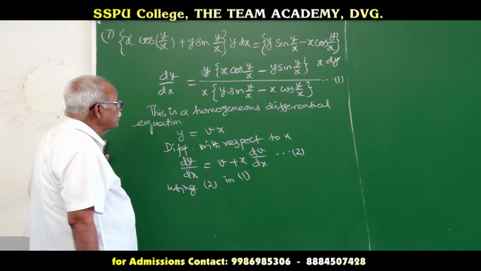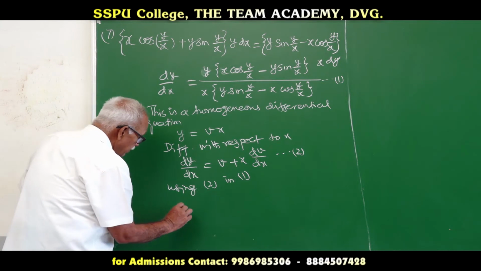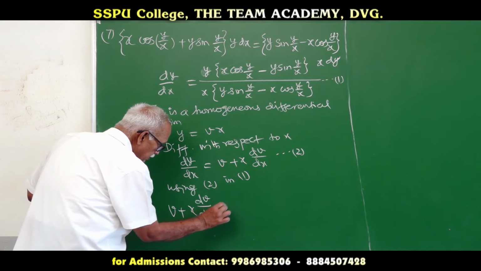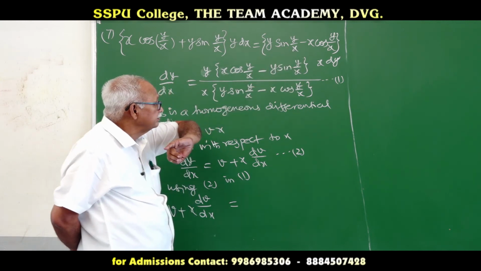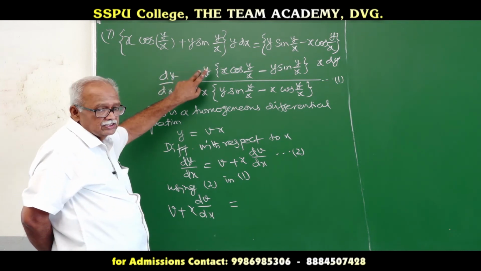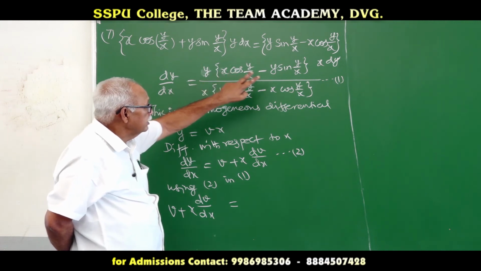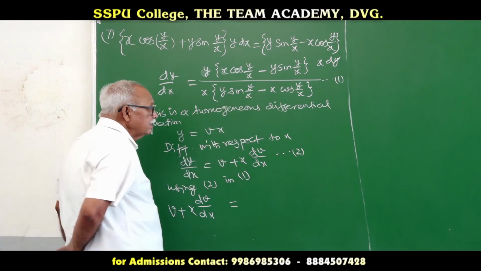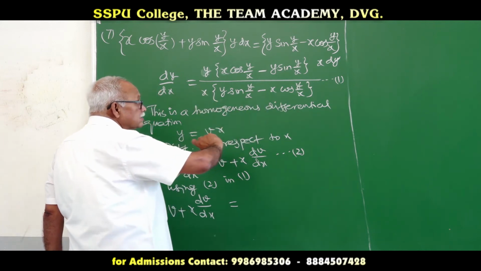Now, let us observe carefully what we are getting here. dy by dx is v plus x into dv by dx. On the right side, be careful, we have to substitute y by x is equal to v. So I will divide by x, you will get y by x. Here also if you divide by x, you get y by x, and the x will get cancelled.